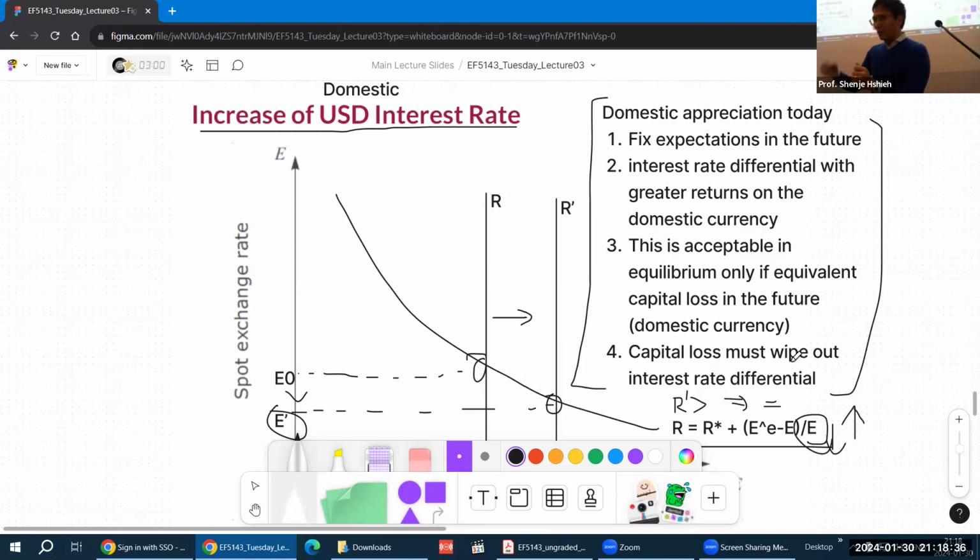So something has to happen with the spot rate today in order to make up for the additional gap between R and R star. That's only possible, assuming anchored expectations, if the home currency appreciates today so that there's more room for it to depreciate in the future.